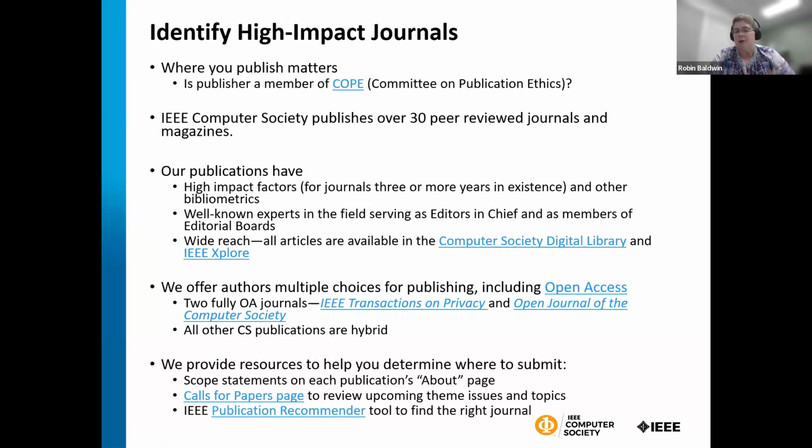So where you publish matters, and you want to make sure to see if the publisher is a member of COPE, which is Committee on Publication Ethics. IEEE is a member of COPE, which means the Computer Society is as well. I mentioned our high impact factors. Our publications also have well-known experts in the field serving as editors-in-chief, as well as members of editorial boards.